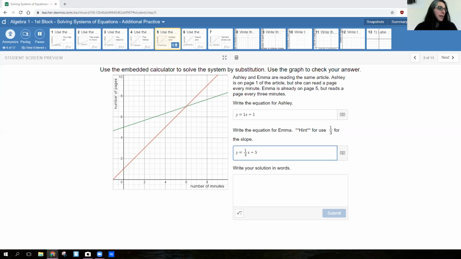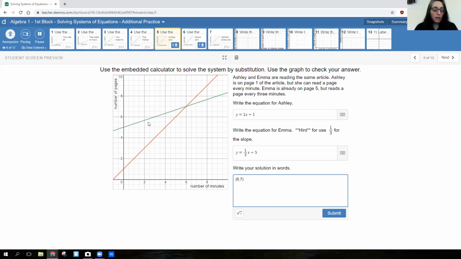All right, good. Yeah. So the solution, a lot of you've got that, is 6, 7. And so let's see, the x is the number of minutes, and y is the number of pages.